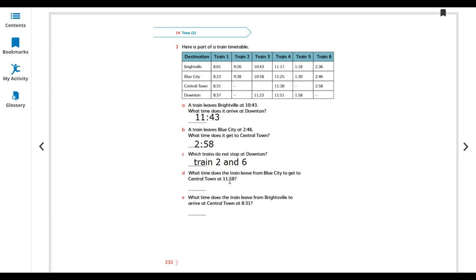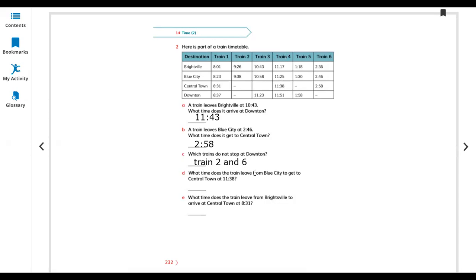What time does the train leave from Blue City to get to Central Town at 11:58? So we find 11:58, so it is train 4.